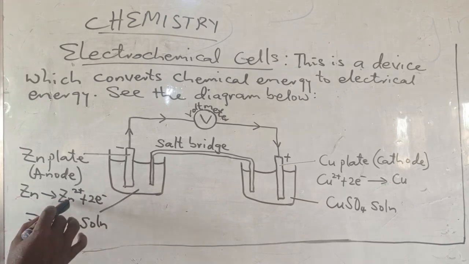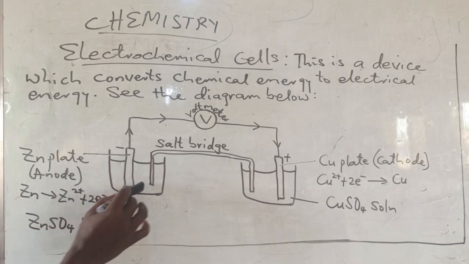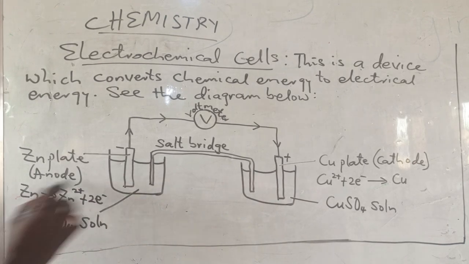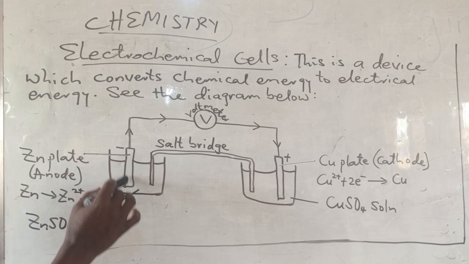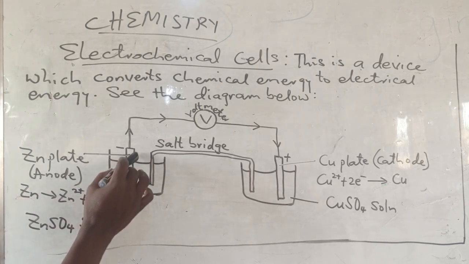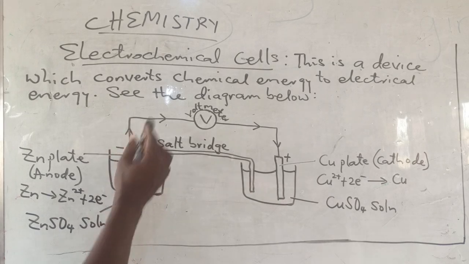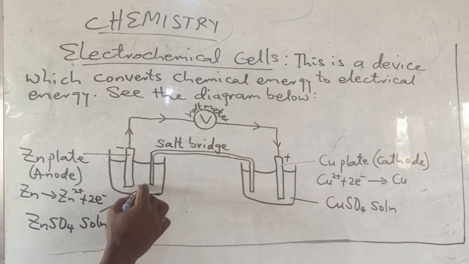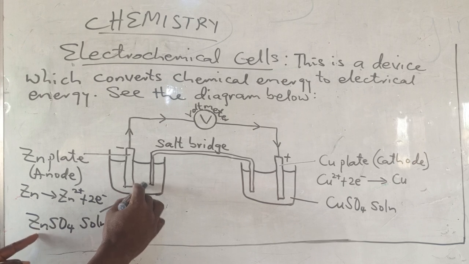Good. When that happens, you can see with me that there will be increase in the number of zinc ion in this solution because the plate is ionizing. Zinc atoms are losing their electrons and are falling into the solution to increase the number of zinc ion that are already in the solution.